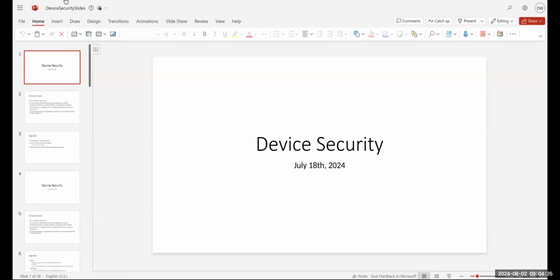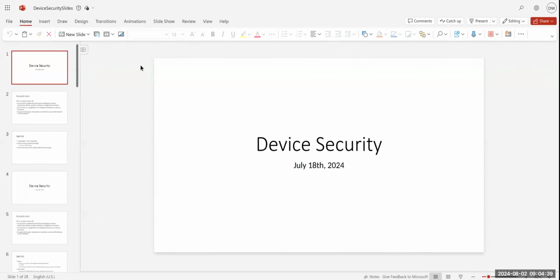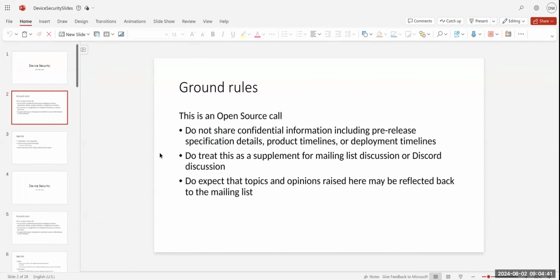Dan, I added something on hot loading TDX module and SMP firmware, but that can go after your agenda. Okay, we can make it a freewheeling discussion. I'll try to manage the time. Maybe we can do that first. But yeah, we did the ground rules.